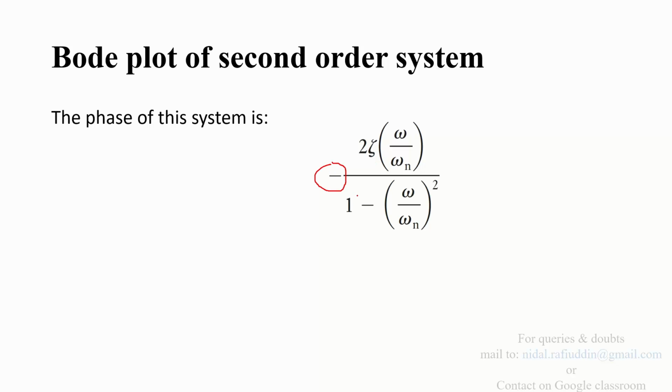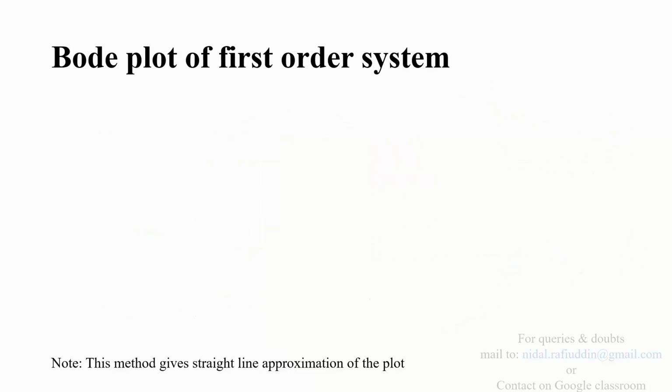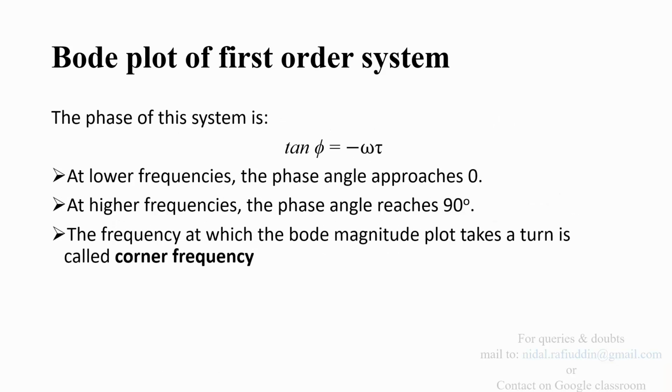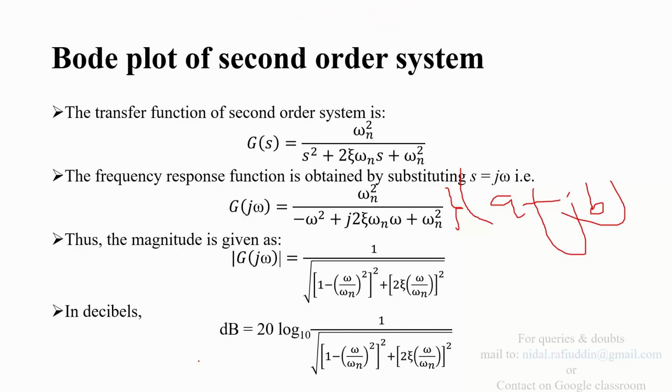And in the numerator, if you look at the expression, you first of all will be trying to make this into a plus jb form. That can be done easily by looking at this expression.